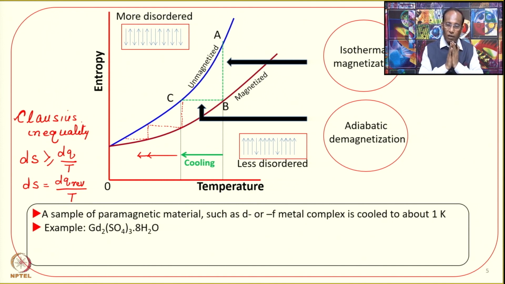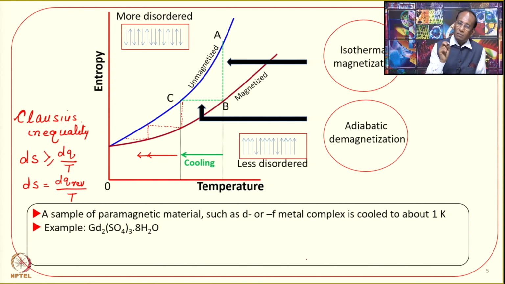What I have discussed over here is basically the spin of the electrons. This example also highlights the technological applications of the third law of thermodynamics. See how nicely this third law of thermodynamics is explaining the process of achieving very, very low temperature. Why am I discussing this?